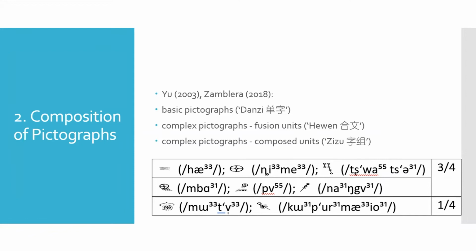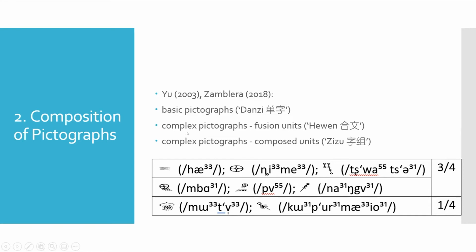There are different approaches to analyze the composition of individual pictographs. As attested in Yu Suishen's study, he classified the Dongba glyphs into three types. The basic pictographs, each of them has only one component and can be read as a monosyllabic or disyllabic word.